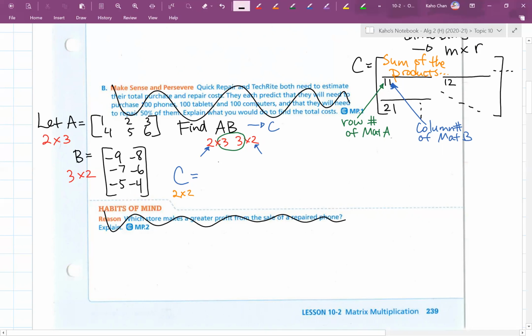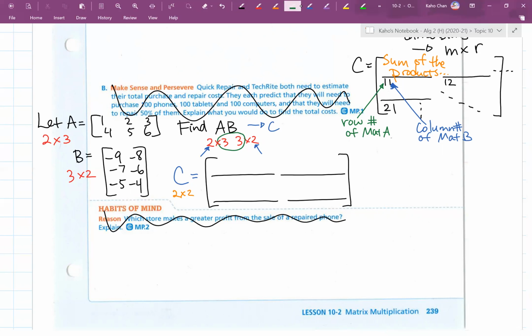It will be a 2 by 2. Let's draw a big matrix here with a 2 by 2 representation. Let's write the address numbers: 1, 1, 2, 2, 1, 2, 1, 2.